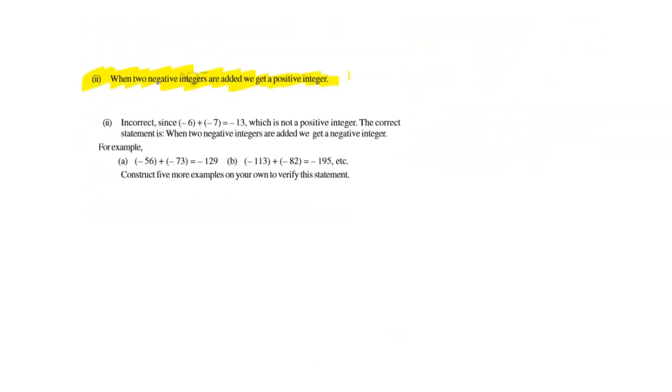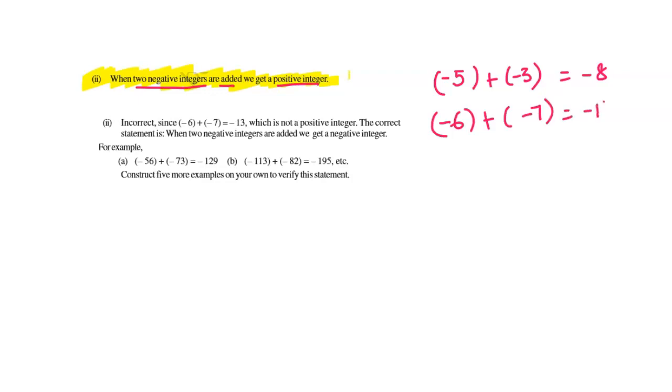Okay, let's check the next one. It is saying when 2 negative integers are added, we get a positive integer. So let's check. Negative 5 plus negative 3, we get negative 8. Negative 6 plus negative 7, we get negative 13.